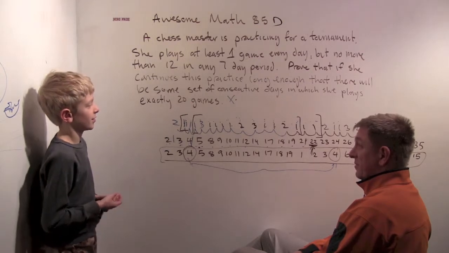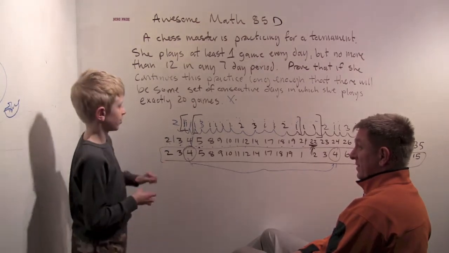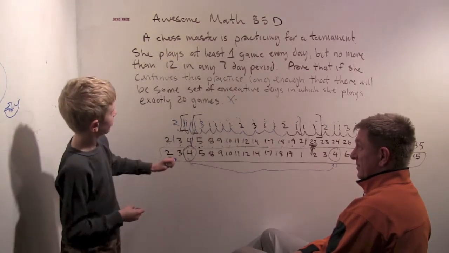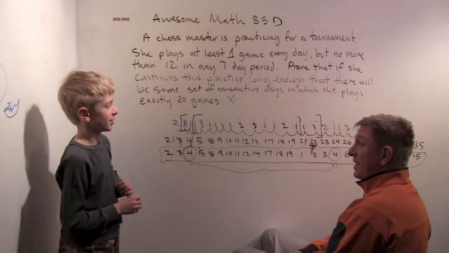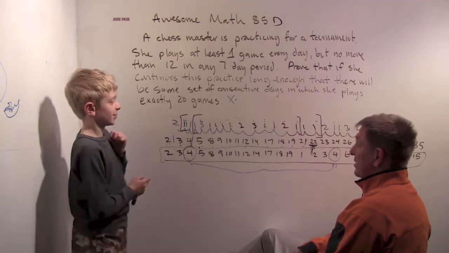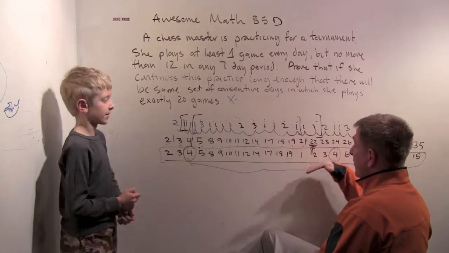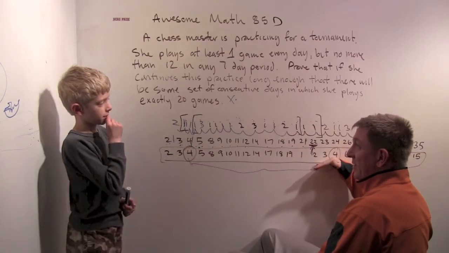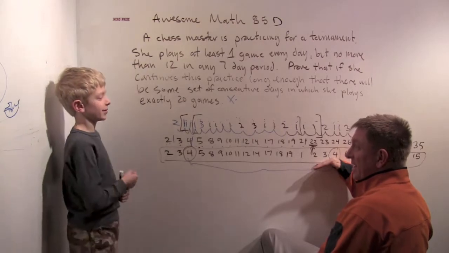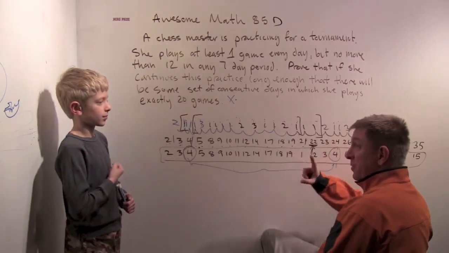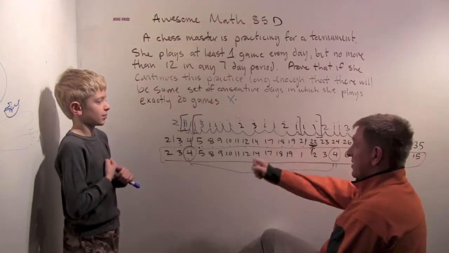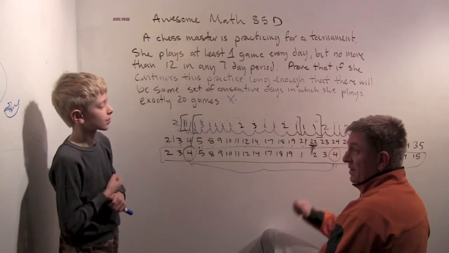How many games were we looking for? Well, we were looking for 20 games. So if we look mod 20, we only have 20 numbers. After 21, which is 3 weeks, there has to be a repeat, right? And then we know from modular arithmetic that the difference is a multiple of 20.